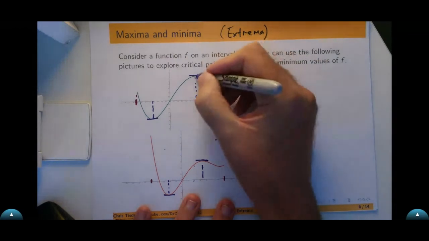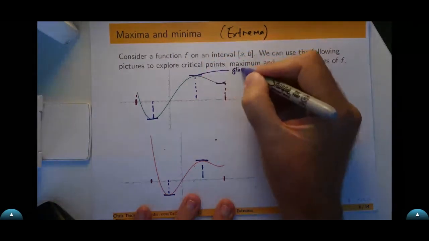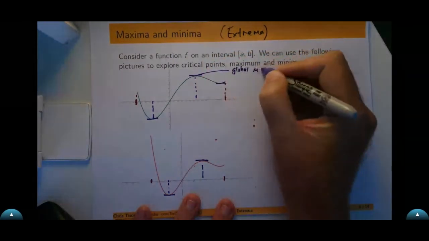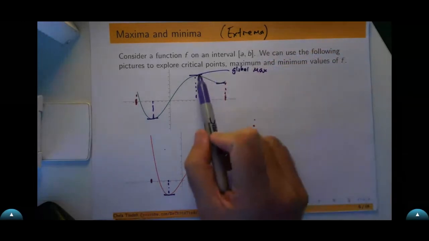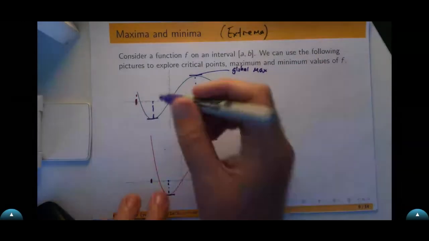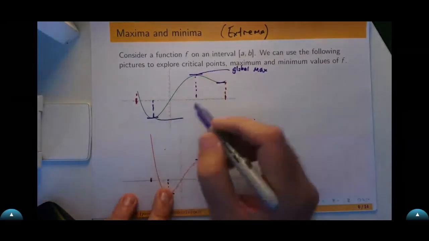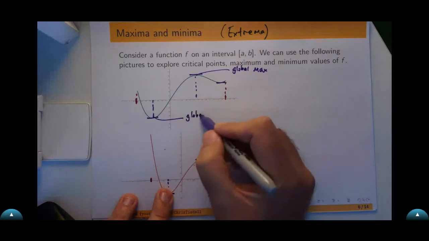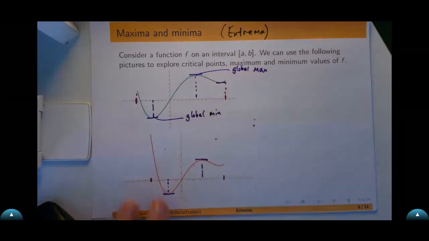Okay, all right. So this value here would be called a global maximum. Now, the reason is, out of all the points in our graph, this is the highest point, okay? And if we look here, this would be the global minimum. Okay.